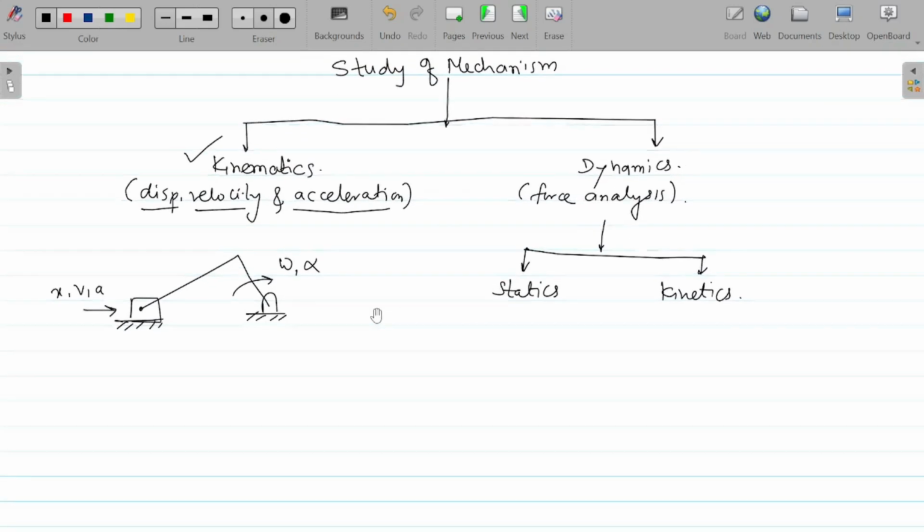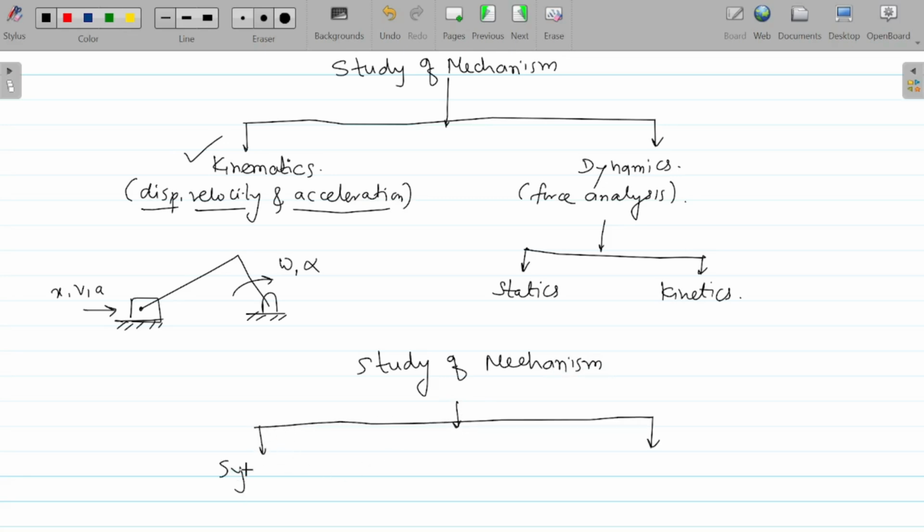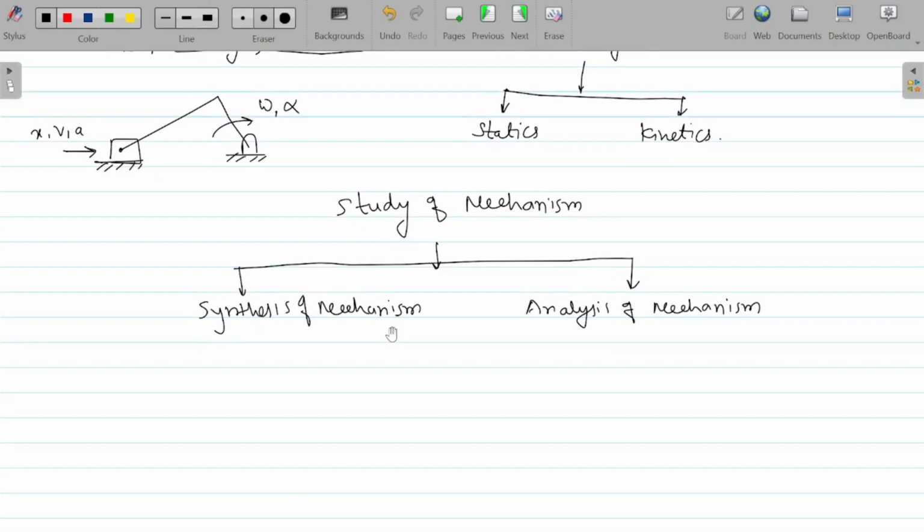Again, study of mechanism can be divided into two parts. One is nothing but synthesis of mechanism, and second one is the analysis of mechanism. So what is the difference between the two? Let's try to understand with the help of some basic example.